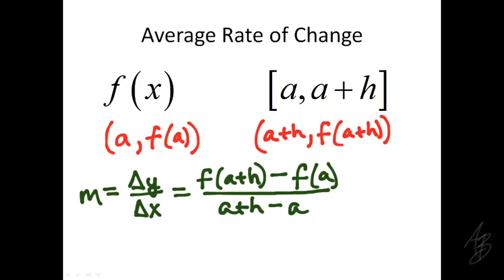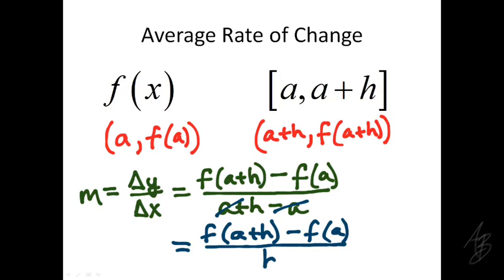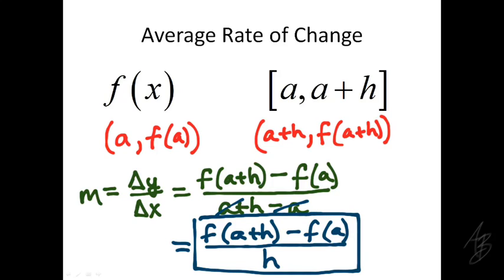The only thing in this difference quotient that can be simplified is in the bottom here. If you note that we have a positive a and a minus a, those two will cancel each other out, and all we'll have left in the denominator is h. So this turns into f of a plus h minus f of a, all over h. What we have here is a general formula for any function f for the average rate of change over the interval starting at a with a width of h.